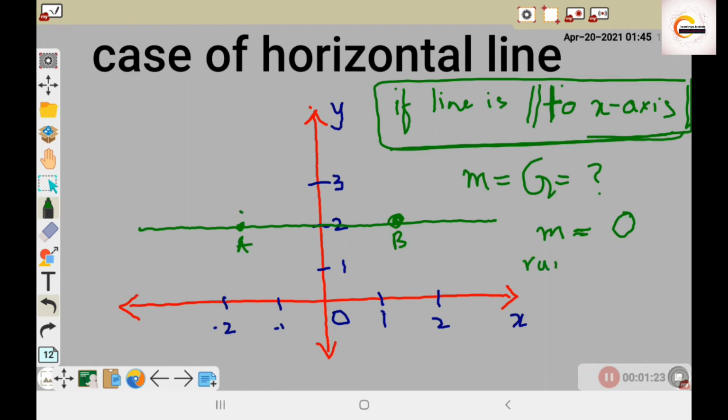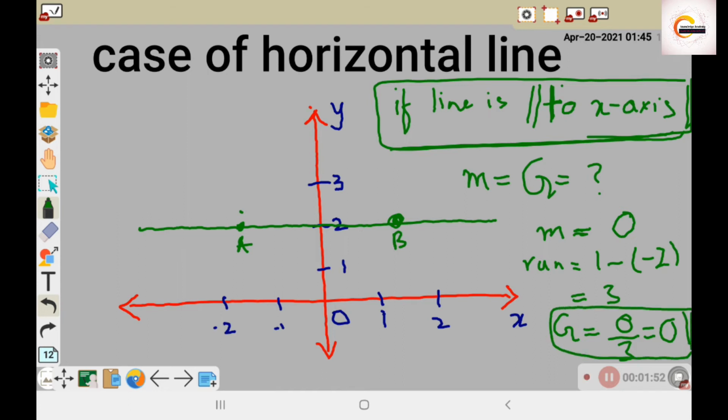Run is going to be, as we can see, A to B, final minus initial, so 1 minus (-2), that means 3, and we know that rise is 0. So 0 upon 3 is going to be 0.